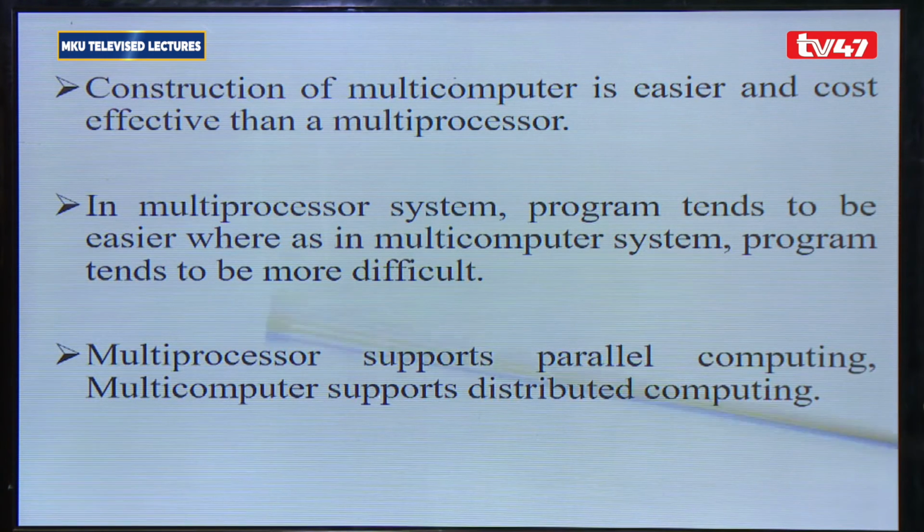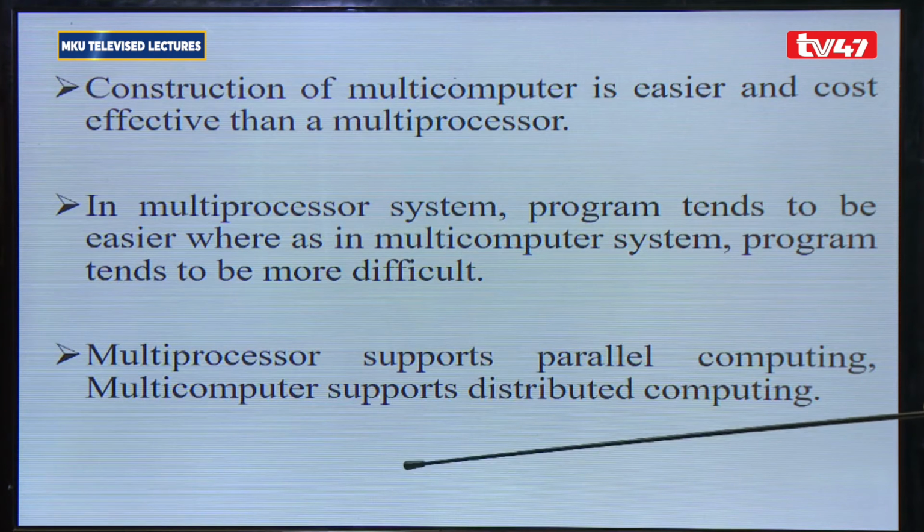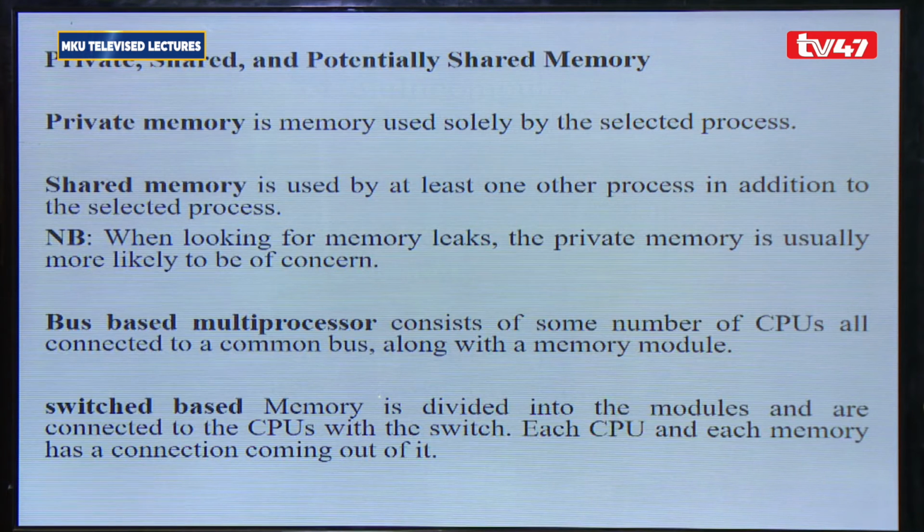The last difference is that the multiprocessor supports parallel computing, while the multicomputer supports distributed computing. I've told you about distributed computing, but for your assignment and research, because you're scholars, you're going to work on parallel computing and see the application. That's the assignment you're going to do before the next class.